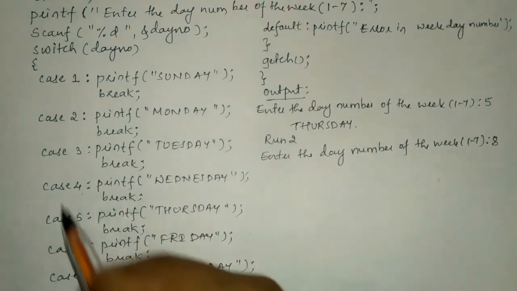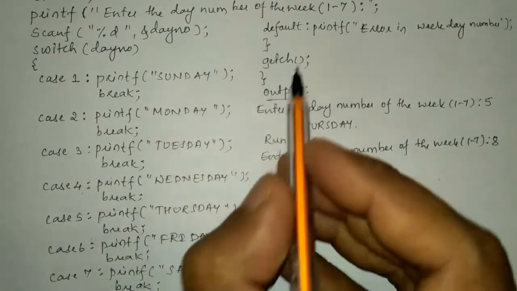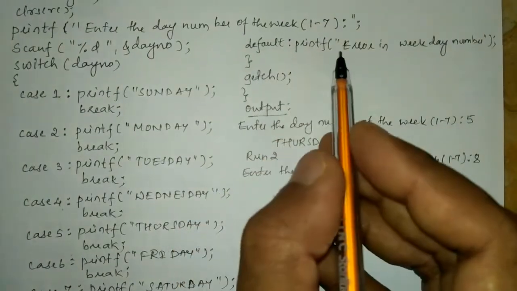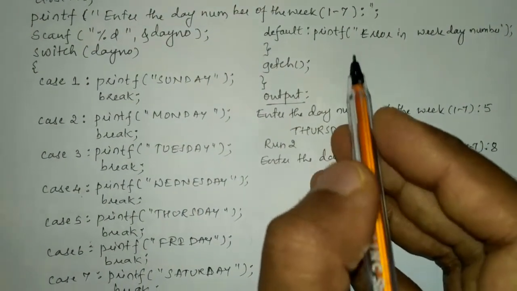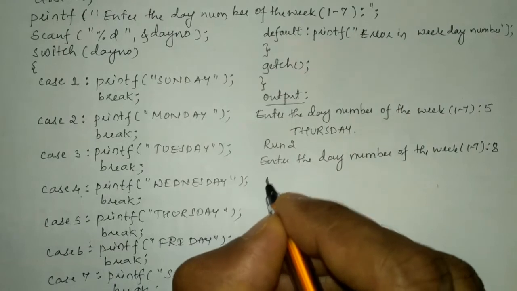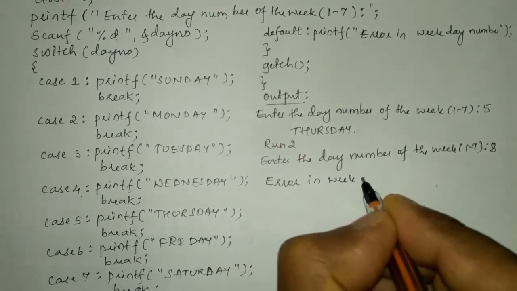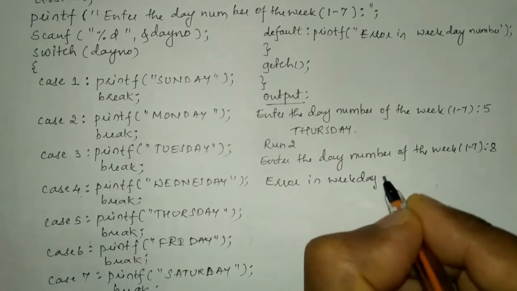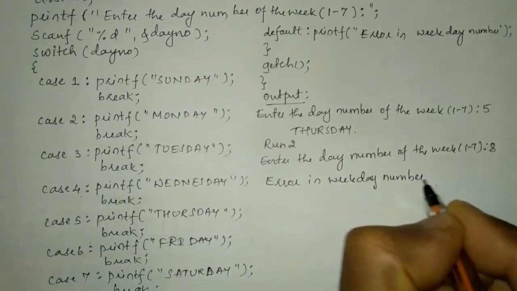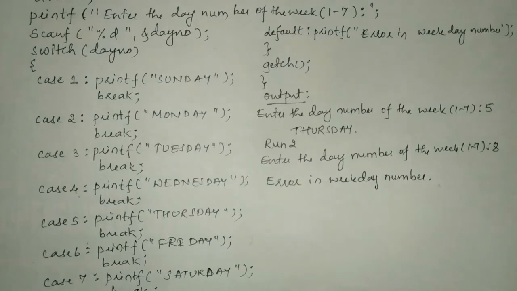So 8 is not matching with any of the case labels, hence it is going to execute the default statement. What is it going to print? It is going to print "Error in weekday number".